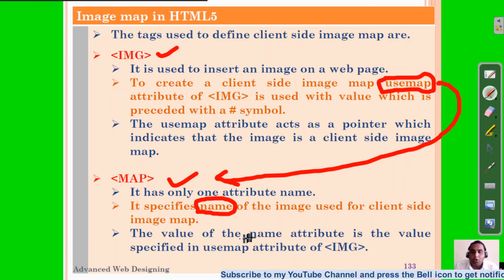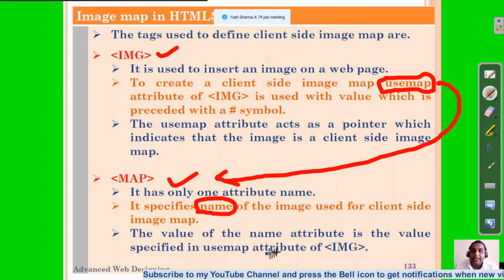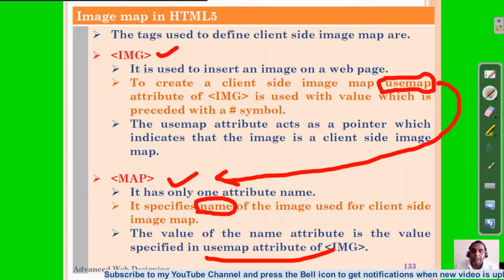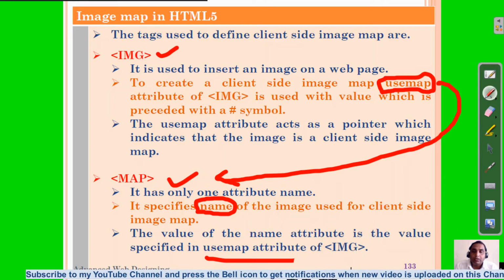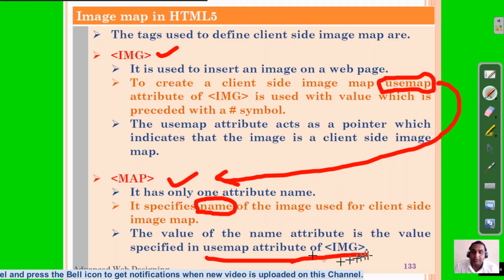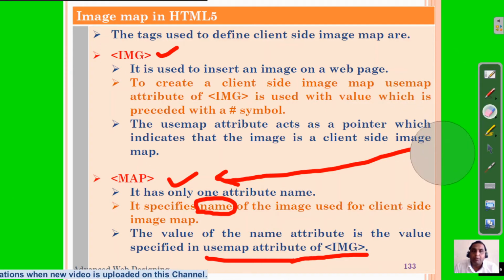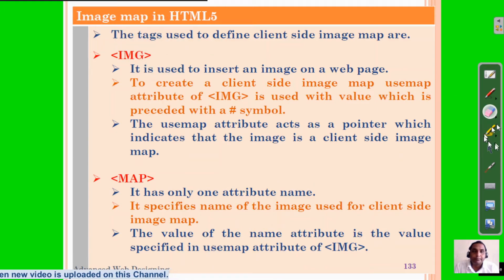The value of the name attribute is the value specified in the usemap attribute of the img tag. So we join map and img together with the help of usemap.